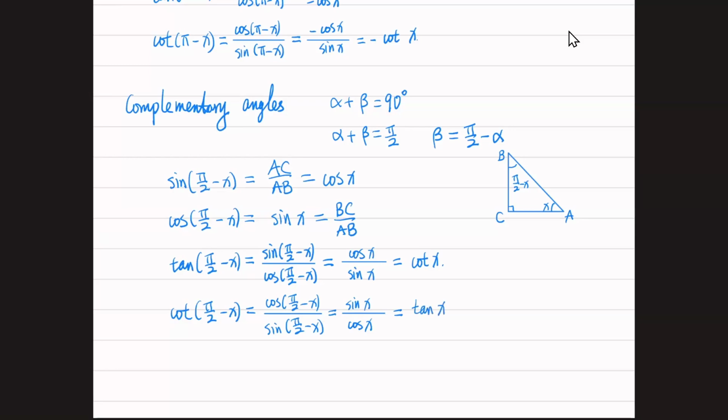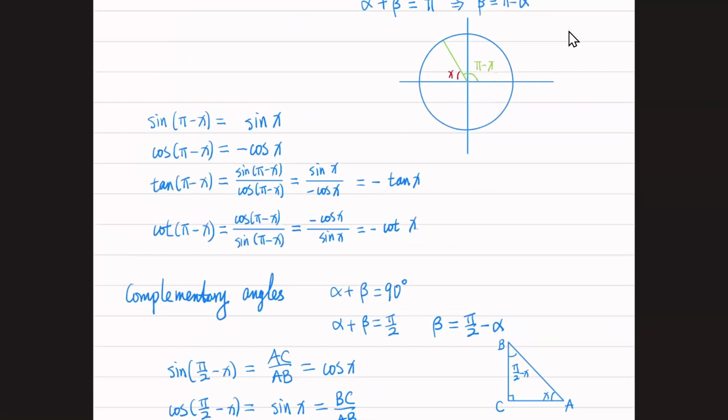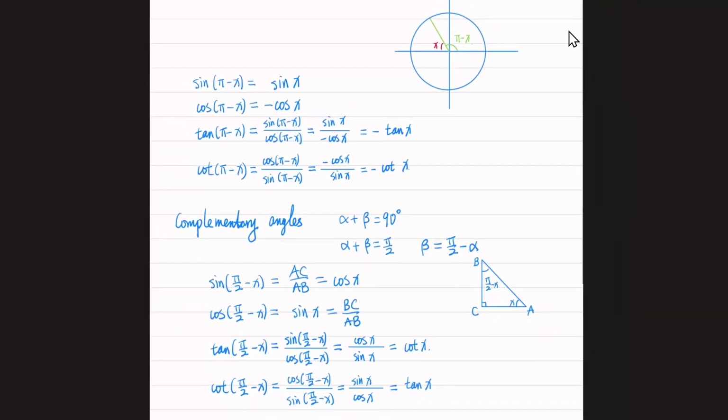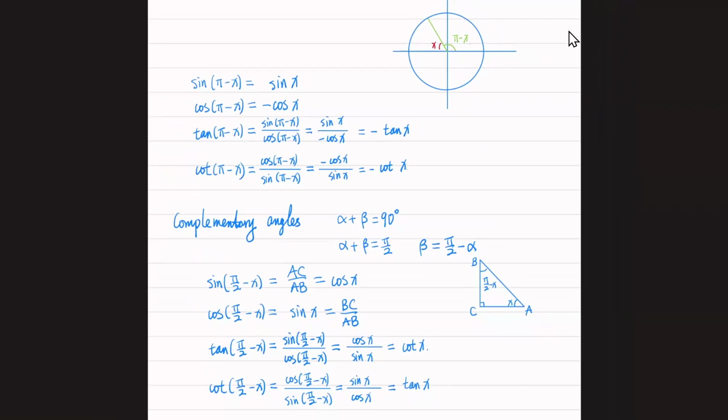So these are the formulas for complementary angles. You can compare it with supplementary. For supplementary angles, sine stays the same, cosine has the opposite sign.